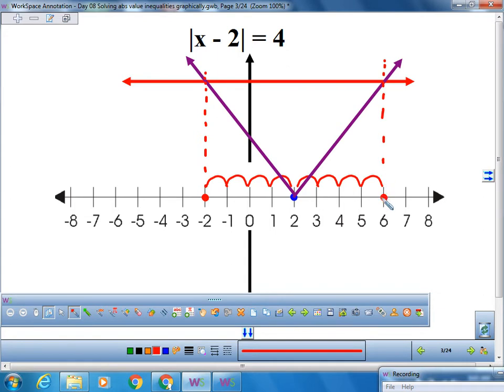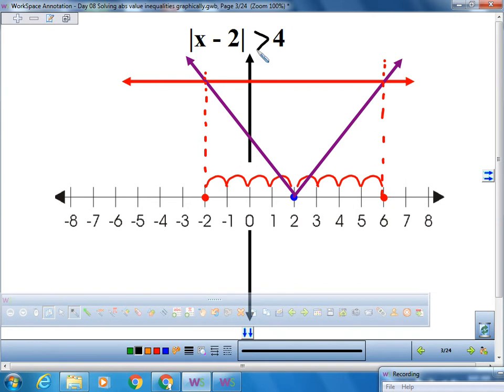That's how we did this graphically. So check this out. The next thing we're going to do is, instead of saying equal, we're going to say greater than now, because it's an inequality.